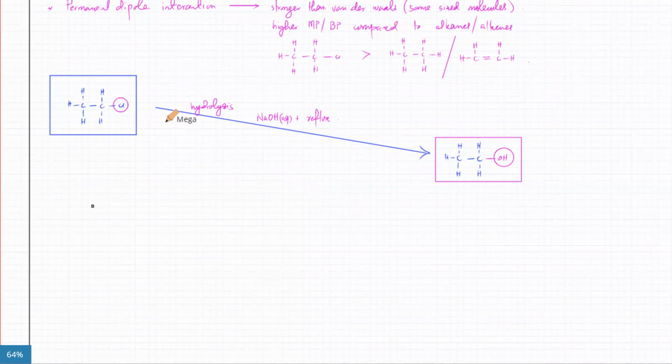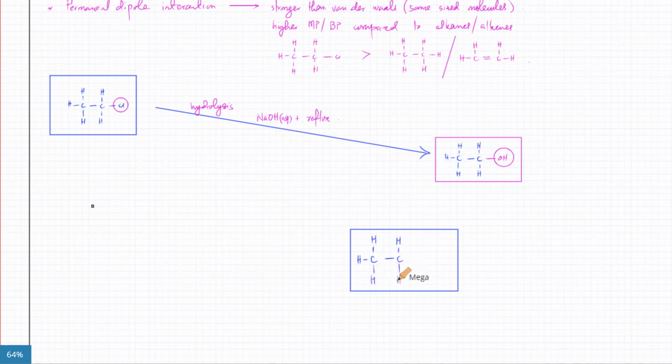Then you can do a very similar reaction, and you can turn the same thing into an amine. So it could be turned into an amine, NH2.